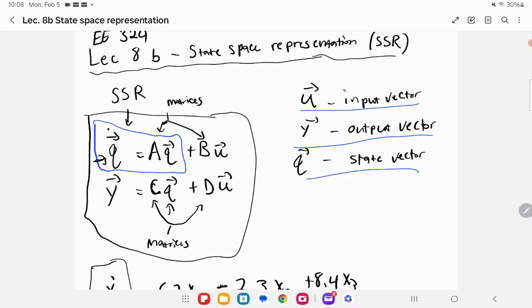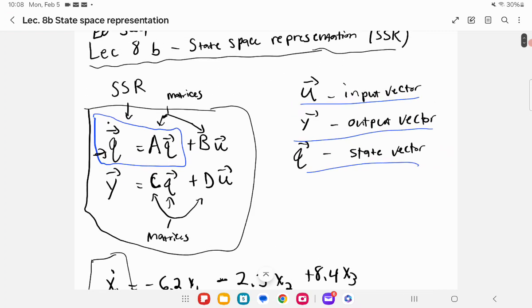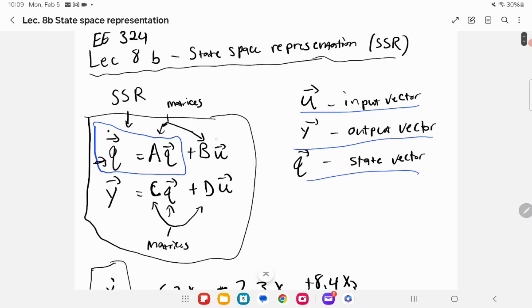Okay, so we've already seen that part of this, but now we're also going to take into account the input vectors, which is the input forces, right? Forces that are forcing the system to have some sort of motion or whatever. That's going to be the B times U terms.